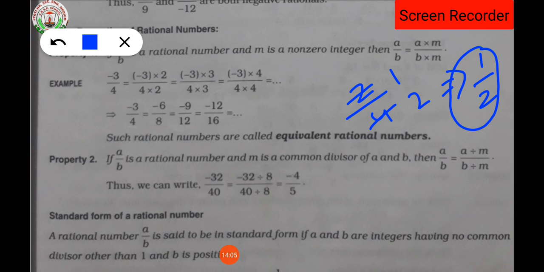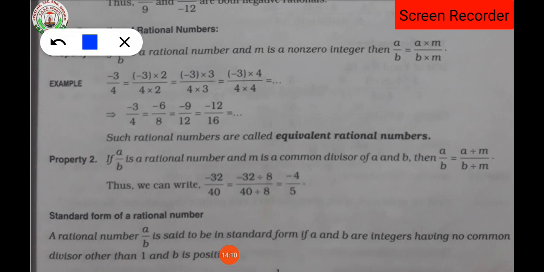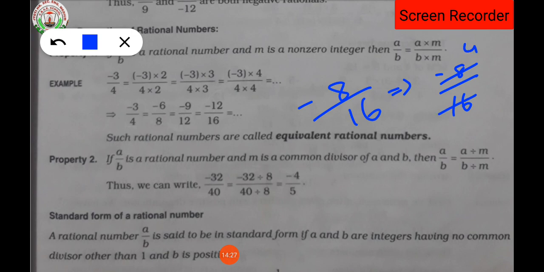Let's take one more example, then you will understand clearly. Suppose I have the number minus 8 upon 16. Now can we cancel this minus 8 by 16? Of course we can. Let's start with the table of 2. Here it will be minus 4. 16 comes in the table 8 times. Then again by table 2, it will be 2 times.